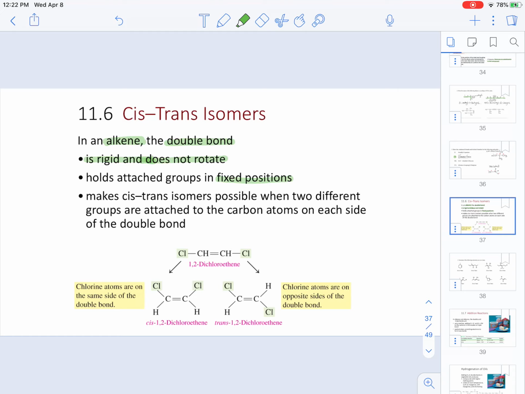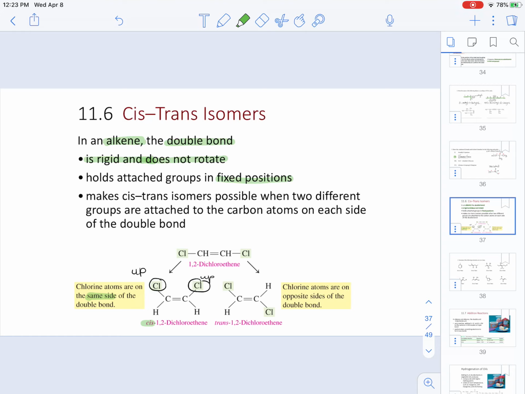In essence, we can have these 2 chlorines on the same side of the molecule, then we are going to utilize the word cis to symbolize that they are on the same side of the molecule, meaning that both of these chlorines are going to be on the upside. If they are both facing down, that also means same side. Now, again, if they are on the same side, then we use the word cis.